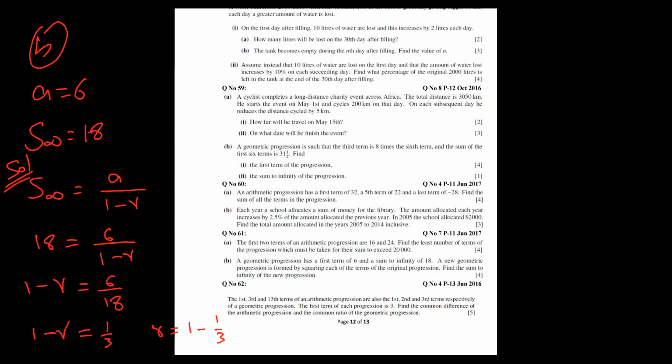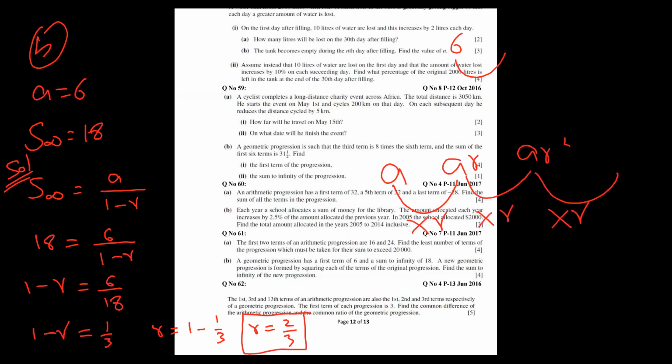So it is very clear. I got 2 by 3. Okay, r equals 2 by 3. Now let's proceed and make the sequence. First term is 6. How to get the second term? Multiply by r. Let me repeat. First term is a, second term is ar, multiply by r. Third term is again multiply r, ar squared. Fourth term is again multiply r, ar cubed. So I think the idea is clear.